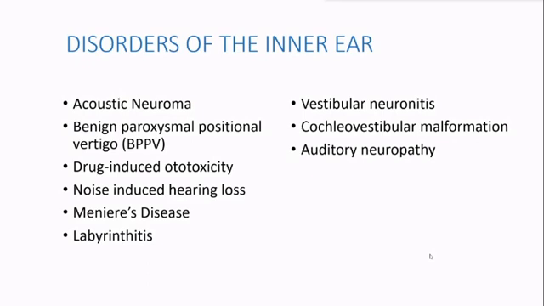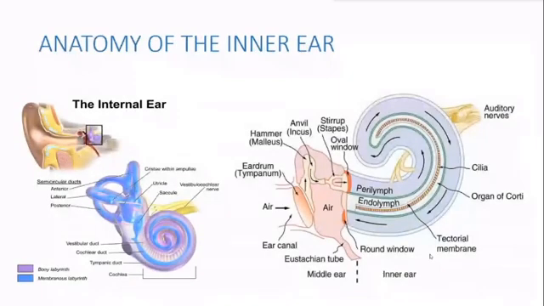Noise-induced, Meniere's disease, labyrinthitis is infection of the labyrinth. Vestibular neuritis is inflammation of the vestibular nerve. Cochlear vestibular malformation is a congenital malformation of the cochlea and the vestibule. And auditory neuropathy is a congenital type of nerve pathology.